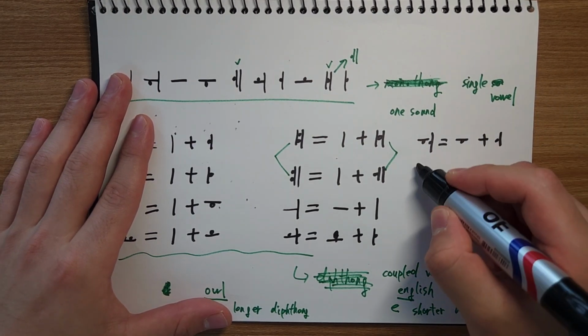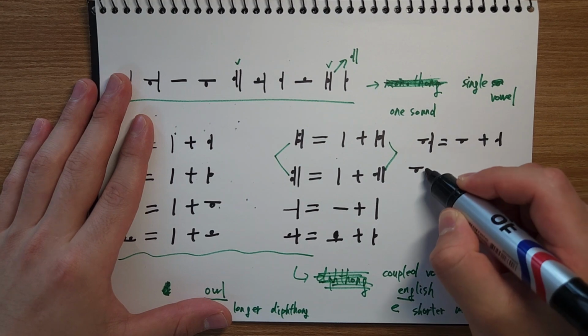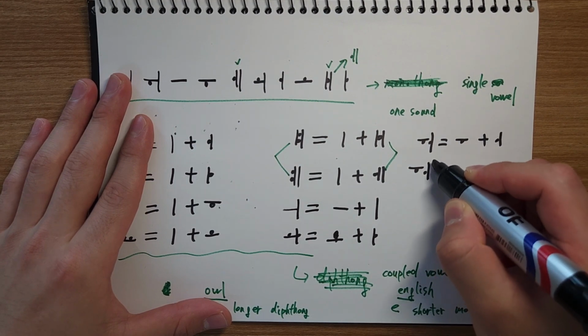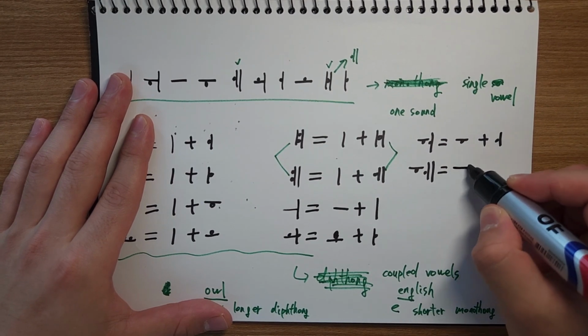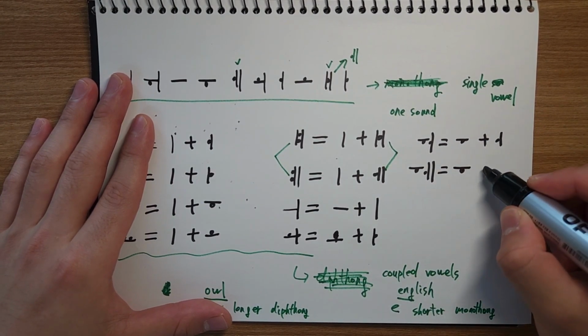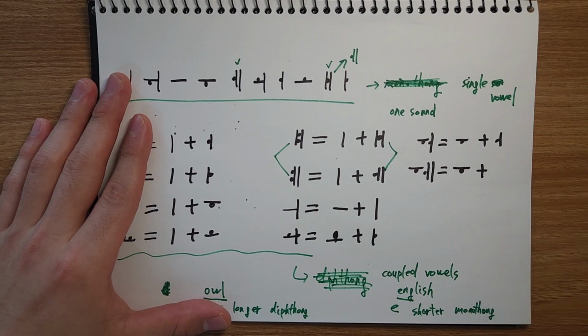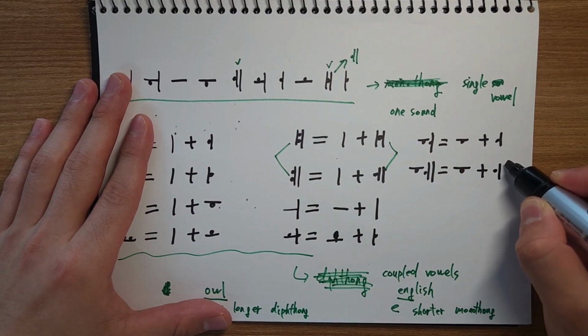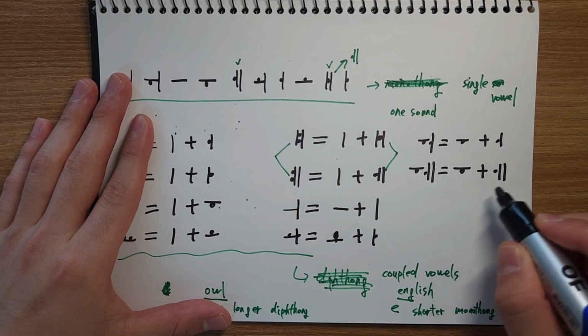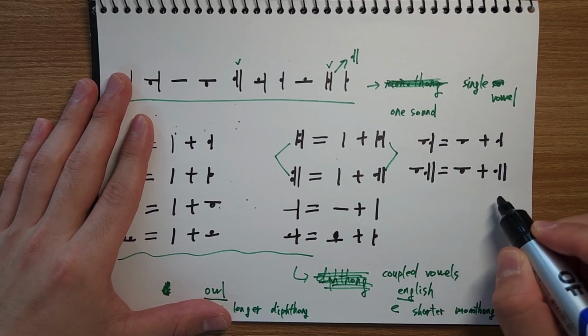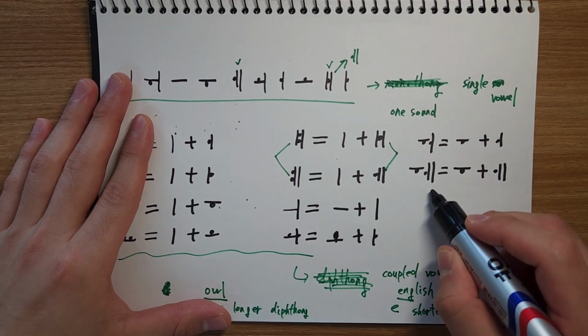And there is we sound, which is a combination of u sound and e sound. U, e, we.